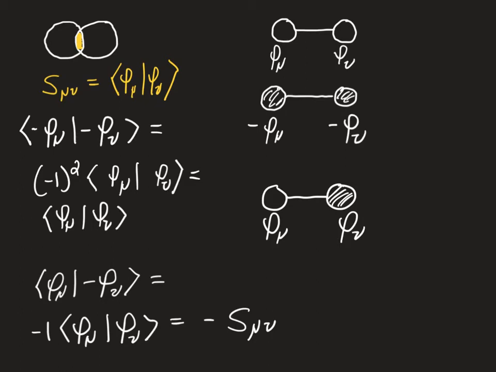So the overlap for an antibonding combination is the same as the bonding combination, only it has the opposite sign.